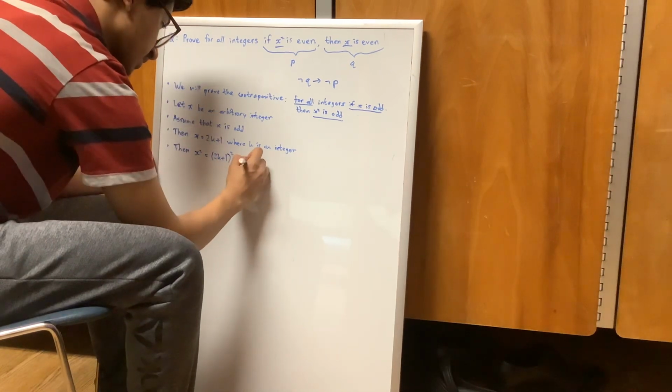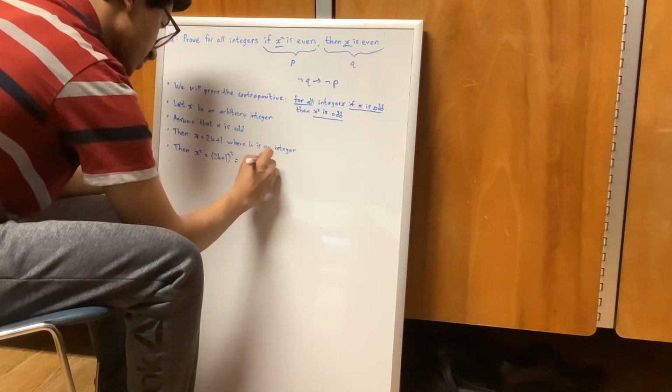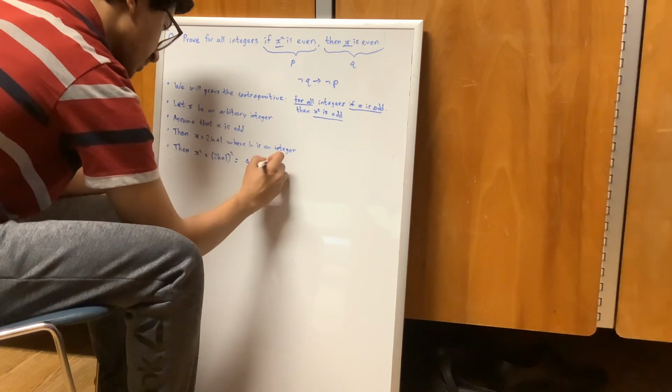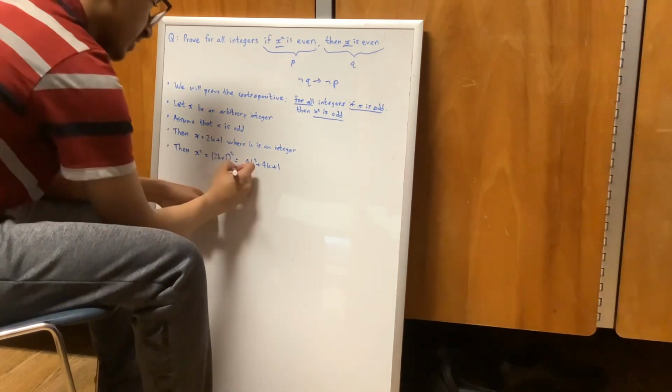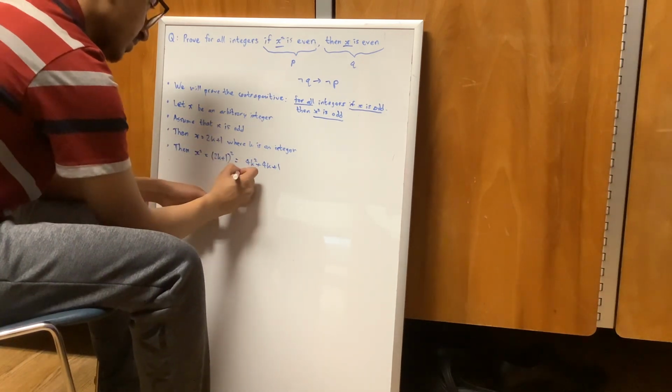And so this is going to get us 4k squared plus 4k plus 1. And once we have this, we can go ahead and factor out a 2.